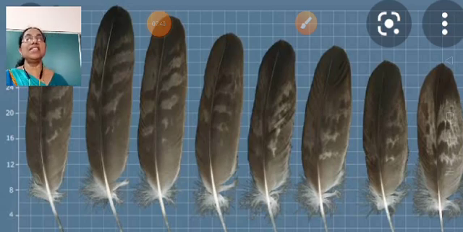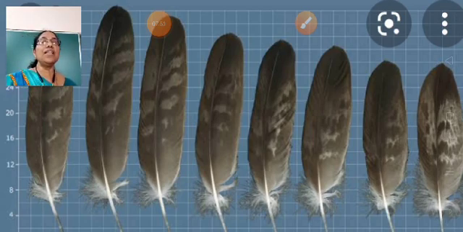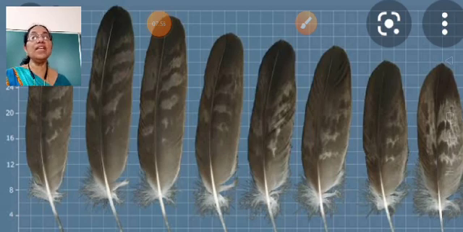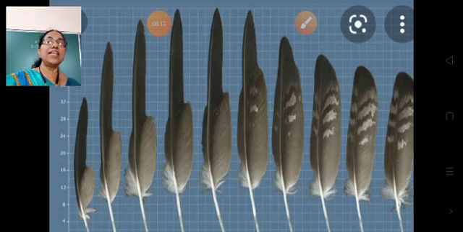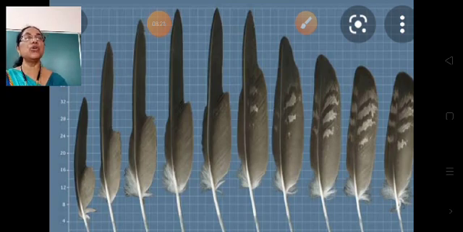This is a long and flat feather, attached to the wings and tail, and this also helps the bird to fly. This is also a type of long and flat feather that helps birds to fly.